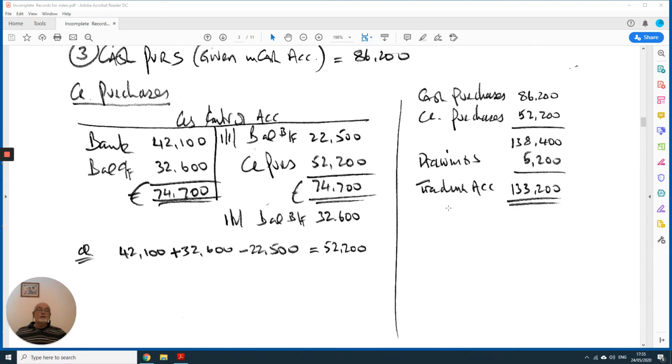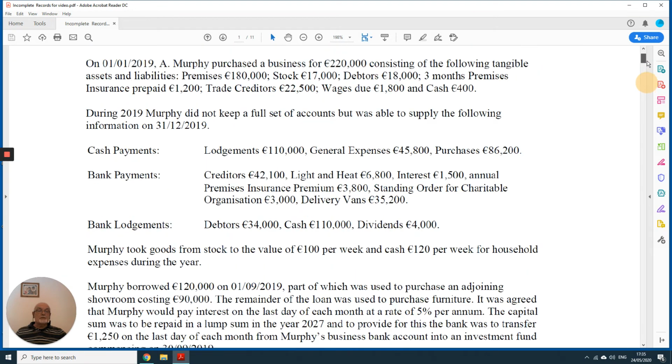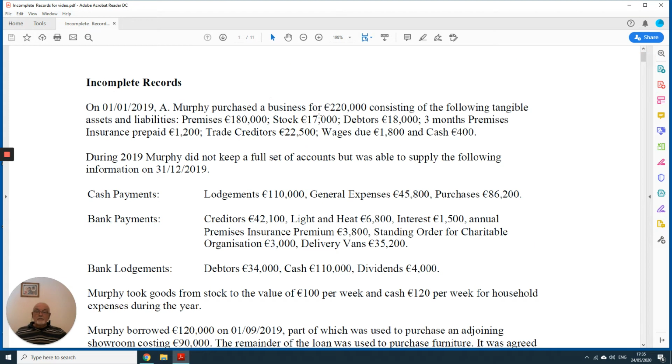Now, if we have a look at the insurance here, we'll see a fairly typical adjustment in these questions, whereby at the start of the year, we have so many months of a particular expense prepaid. In this case, it says on the 1st of January in the business that Murphy bought, there were 3 months premises insurance prepaid, 1,200. And then if we check the bank payments, we find that the annual premises insurance premium of 3,800 was paid during the year.